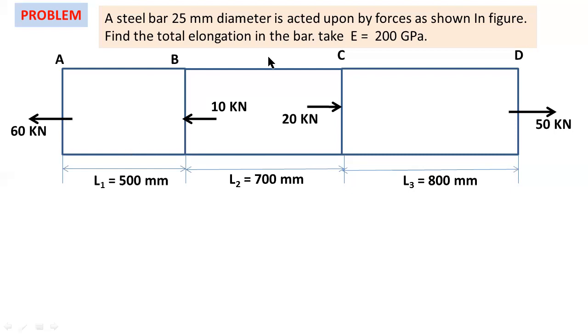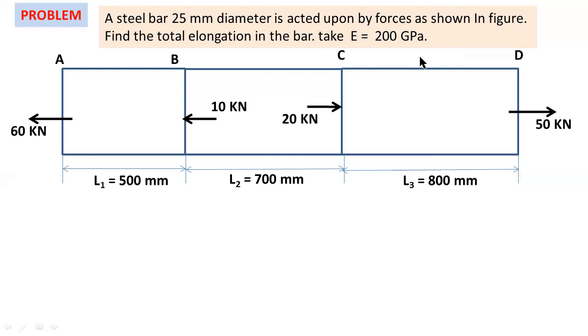Here capital E means Young's modulus. Young's modulus equals 200 gigapascal. So 200 gigapascal is the example for steel materials. First of all, you have to convert this GPa into megapascal or Newton per mm square.